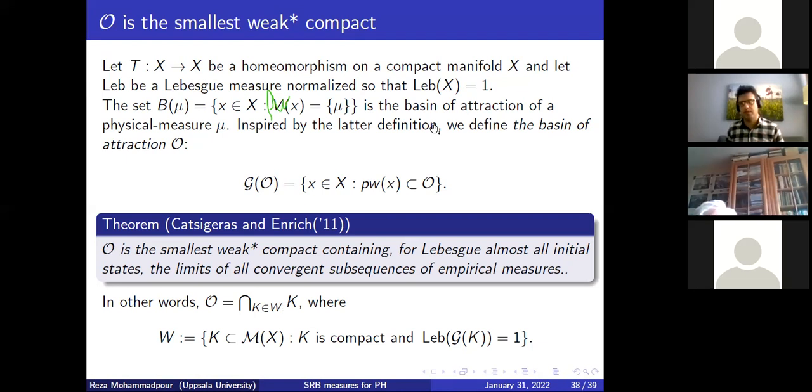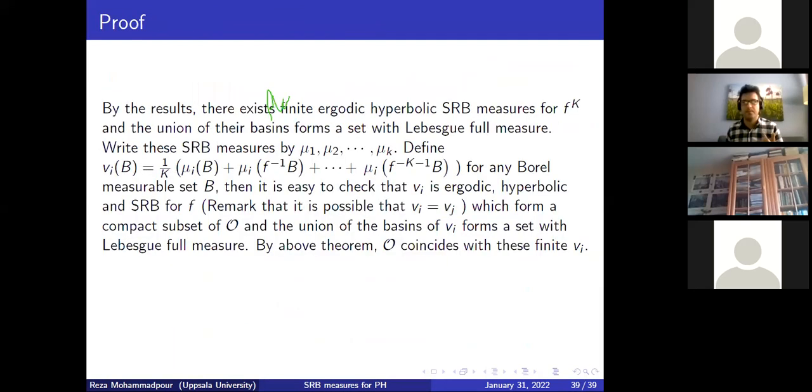How can one prove that? We know by the theorem, in the case of uniform contraction, Alves, Bonatti, and Viana show that there exists a finite number of SRB measures. There exist finitely many ergodic hyperbolic SRB measures for f^k, and the union of their basins forms a set of Lebesgue full measure. We write these SRB measures, finite, as mu_k.